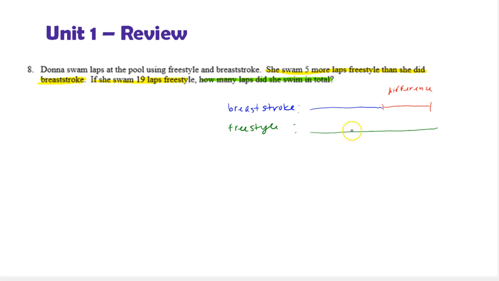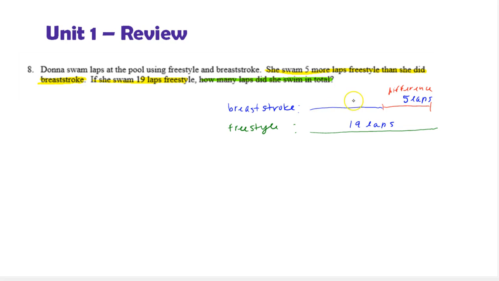So that's why freestyle is longer, and that means the difference between these two is 5 laps. We're told in the next sentence that she swam 19 laps freestyle.